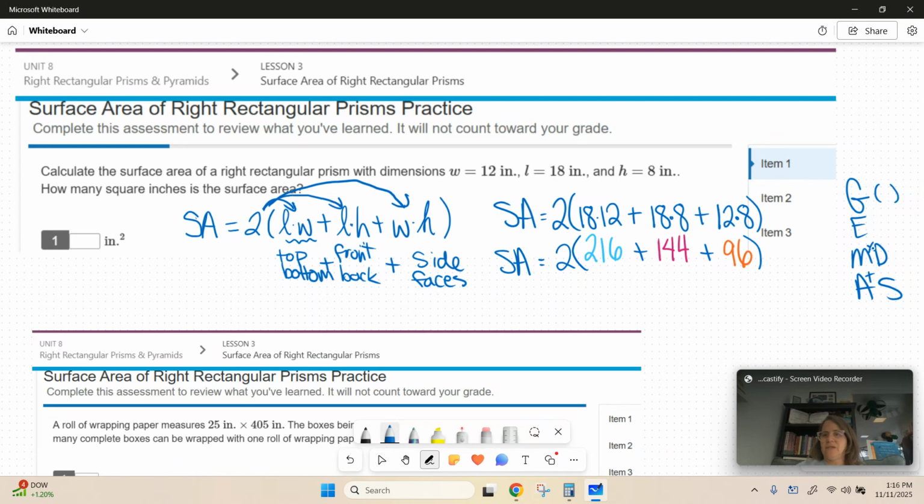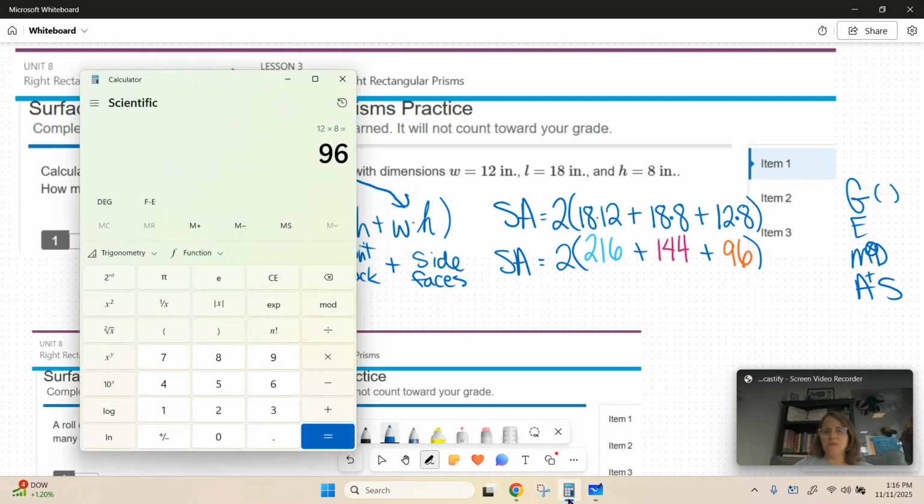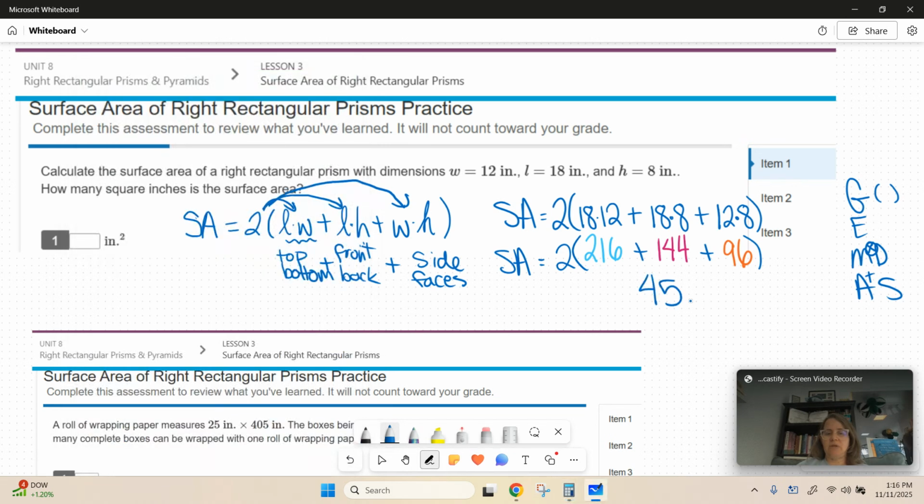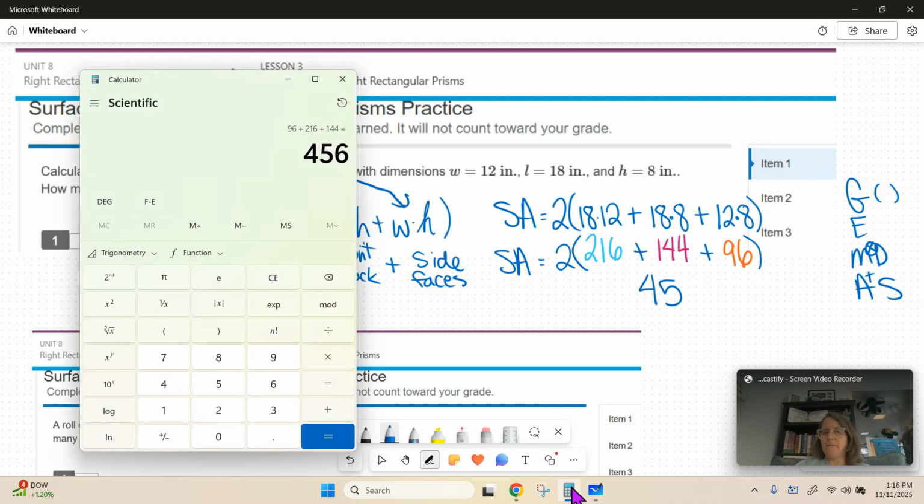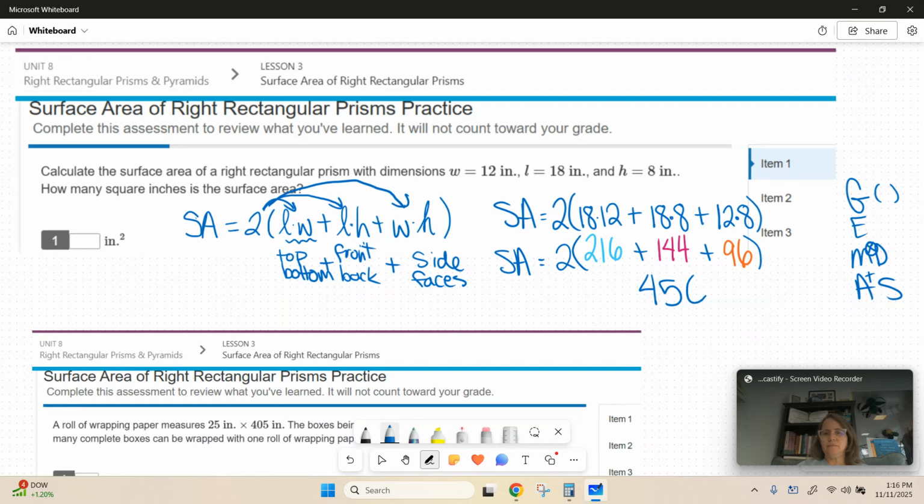Okay, so I did the multiplication step. Now I'm going to add 216 plus 144 plus 96. Okay, 459 is what I'm getting. Ooh, maybe that was a 6. Let me check. 456. All right, grouping symbols are done.